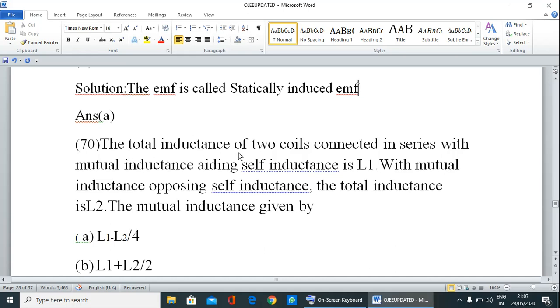So the total inductance of two coils connected in series with mutual inductance adding self-inductance is L1, with mutual inductance opposing self-inductance is L2. Here L2 must be in this part. So somewhat of a printing mistake is there.